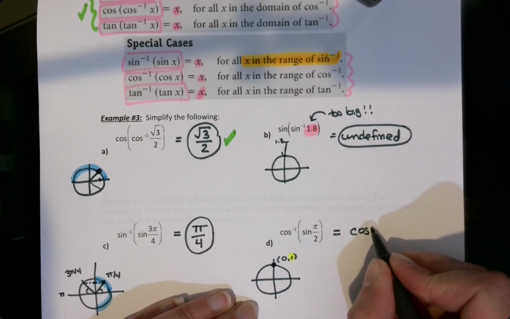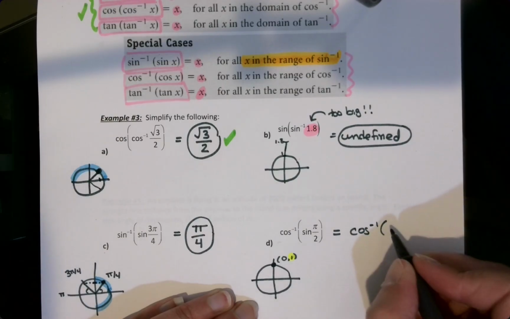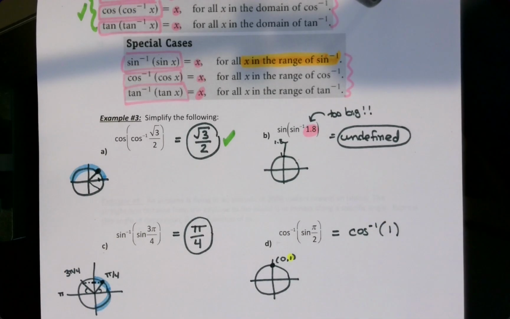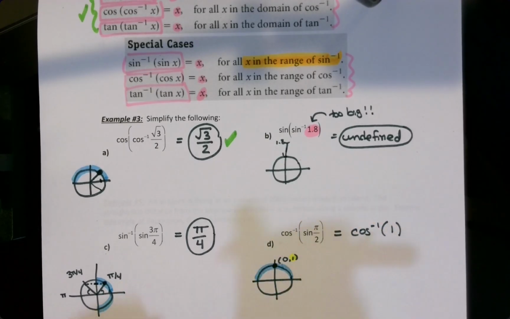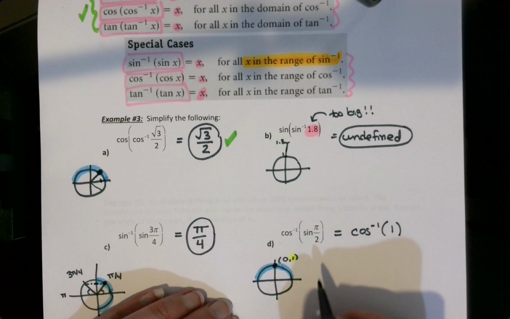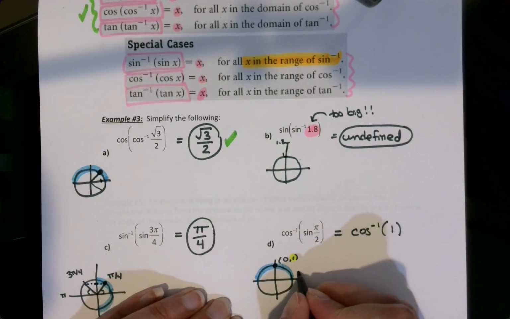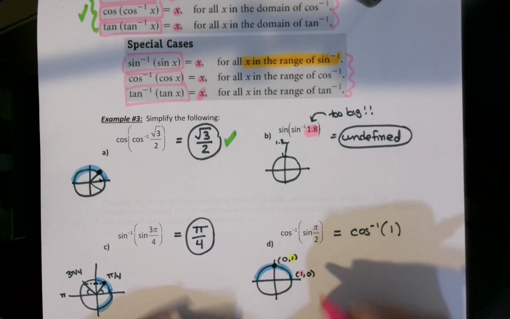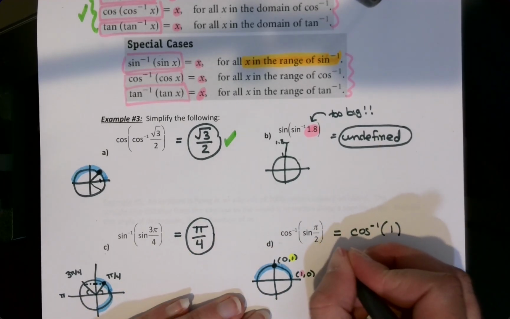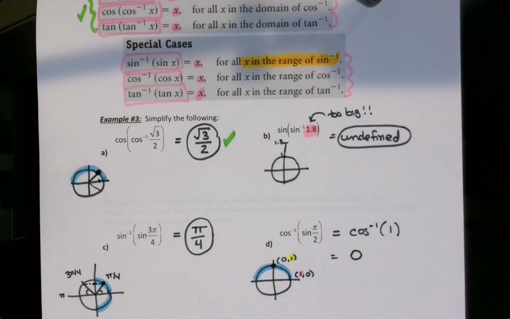And then I'm going to need to do the arc cosine of 1. And remember that the arc cosine of 1 is going to be from this point right here, (1, 0), that has a cosine value of 1, and it's going to return the angle of 0.